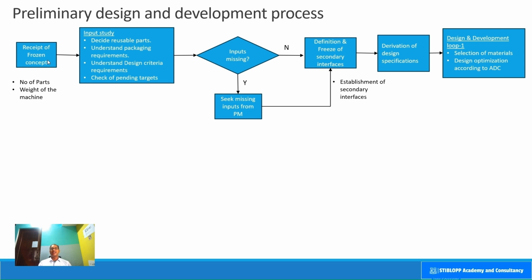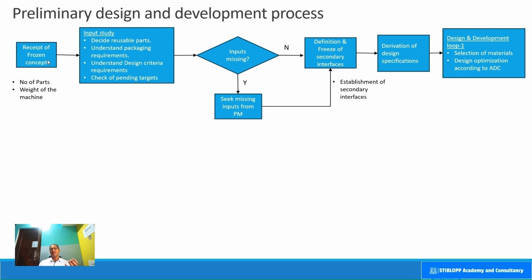The next step is the actual design and development loop. Here the engineering team selects the materials required for the machine. Next is the design optimization according to the advanced design criteria.